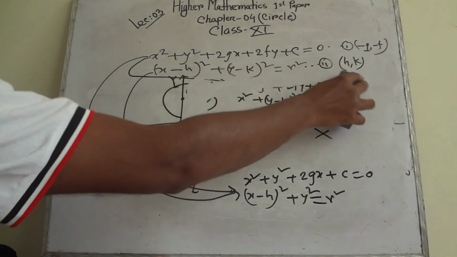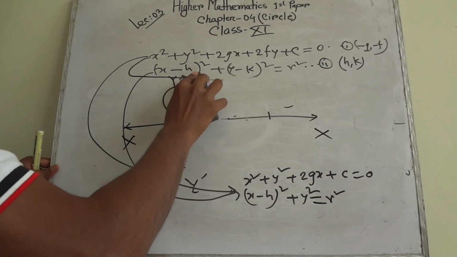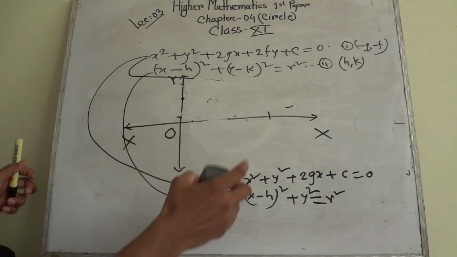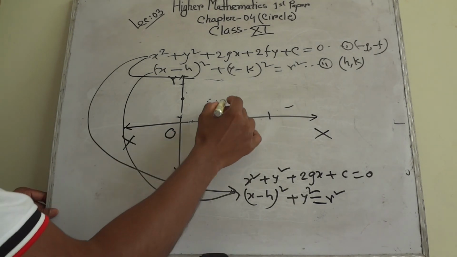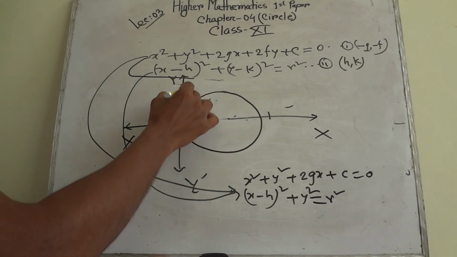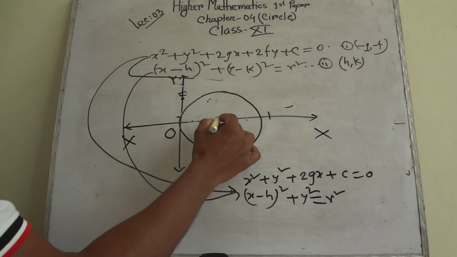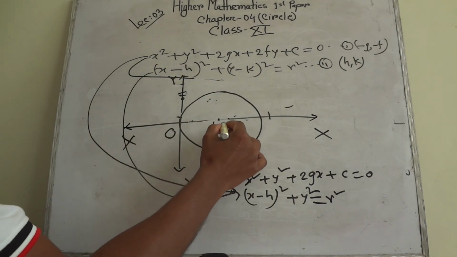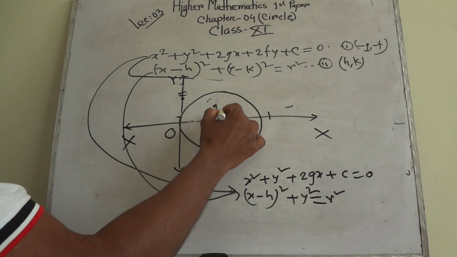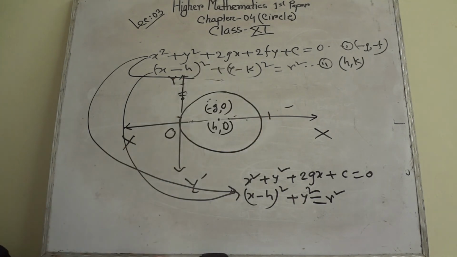If the circle lies on the x-axis but touches the y-axis, the center will be at f, 0 or minus f, 0. Follow this.